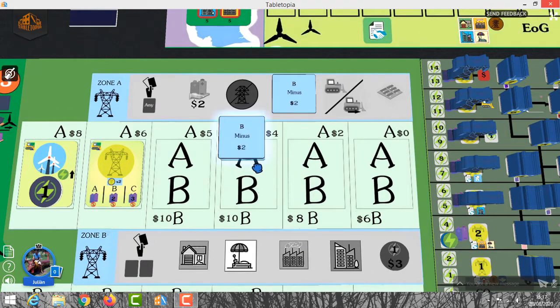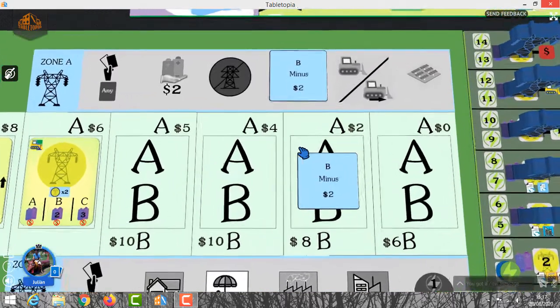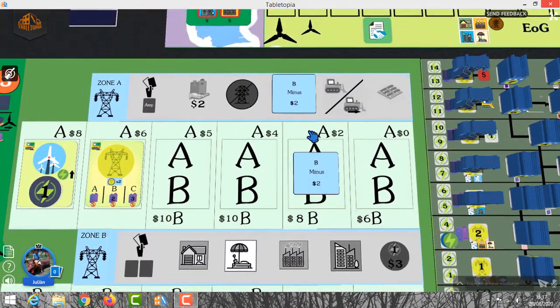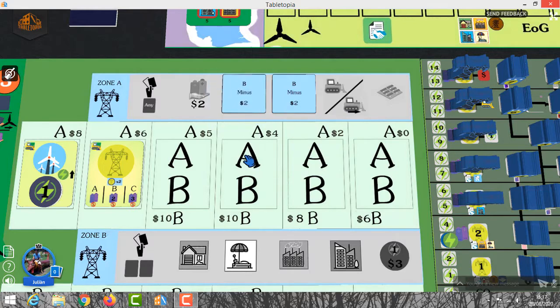So in this case, we can place it here or here, depending on which bonus we are sure we don't want to get for the rest of the game. Because by this placement, we are deciding to fortify, meaning to double this bonus, but at the expense of canceling one bonus for the rest of the game.